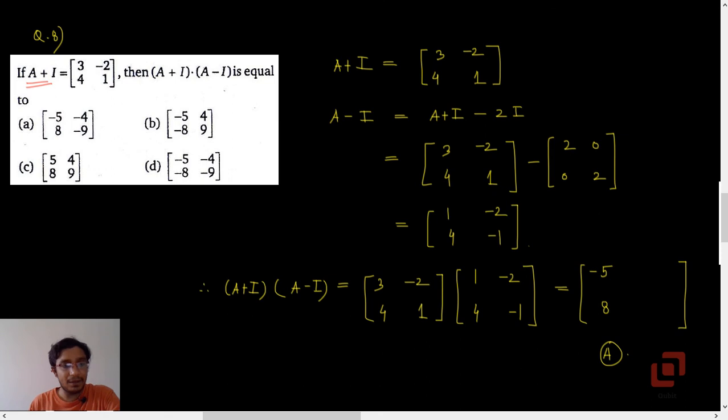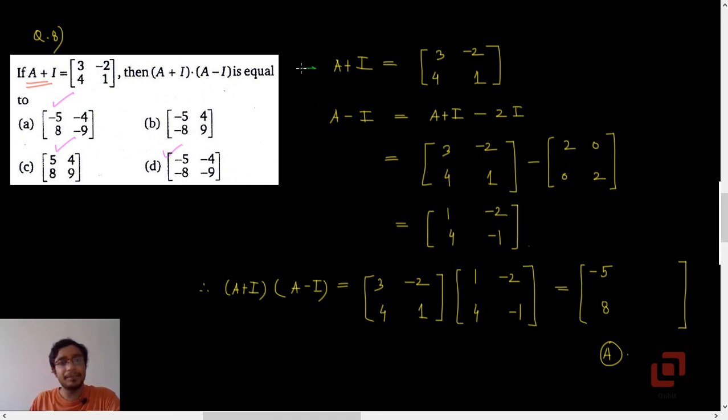I have observed the columns of all 4 options, and you will find that except B and D, every matrix has a different first column: minus 5, 8, or 5, 8, or minus 5 minus 8. So if we just find the first column of A plus I into A minus I, our job will be done. That's exactly what I've done here.